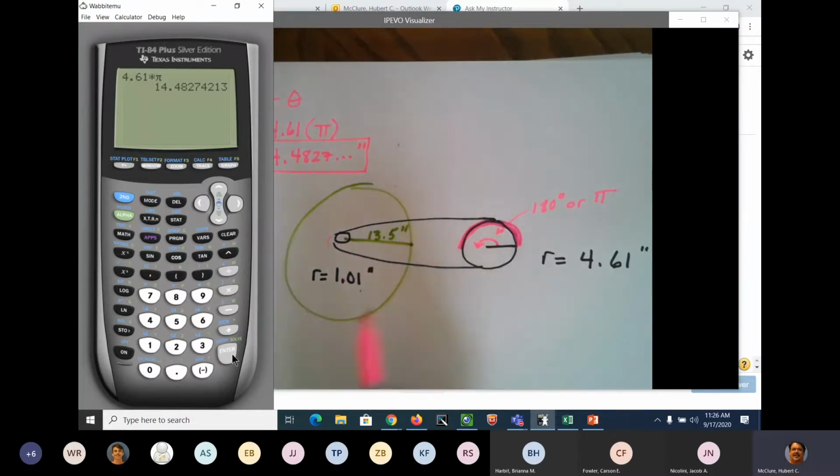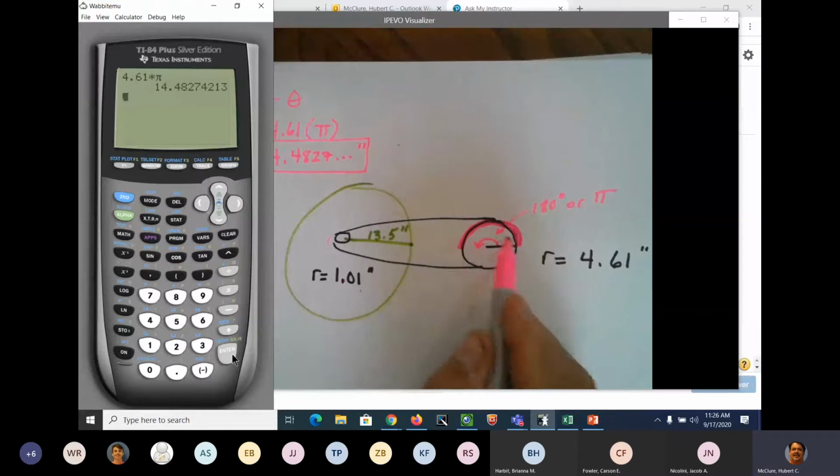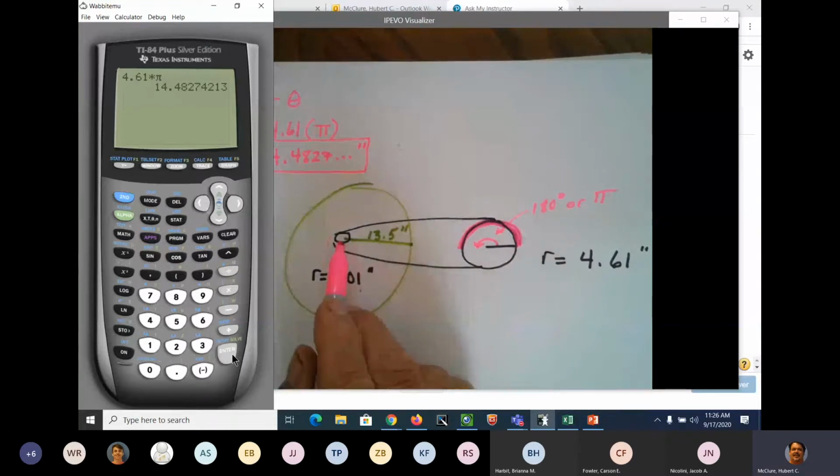Okay, so that's just thinking. So that 14 inches right here may turn that thing 3 or 4 times. So we've got a length of 14.48 inches.